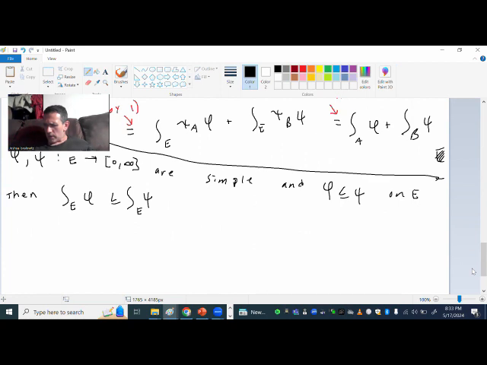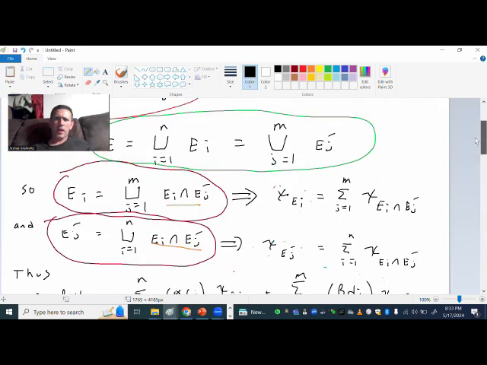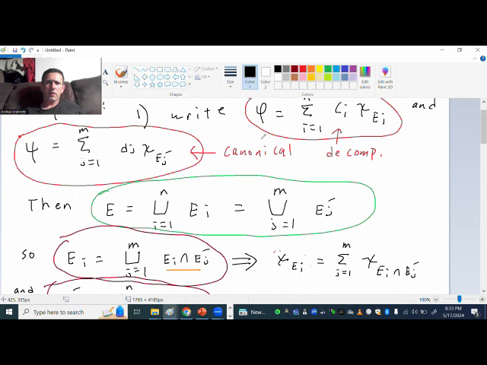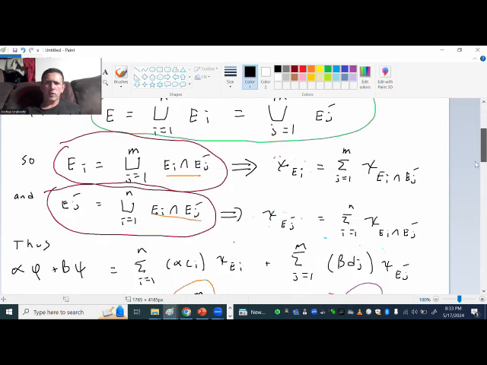At one point I thought about making it a homework, but I do the same thing. I have my canonical decomposition of my two simple functions. So we're still going to use that.